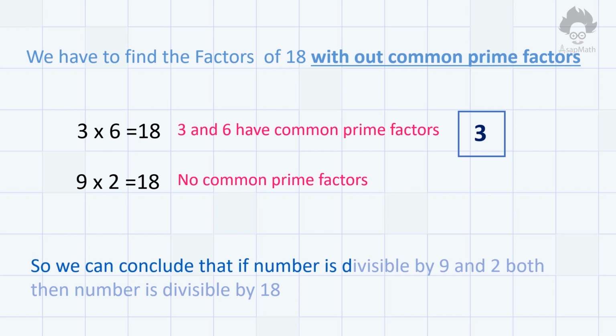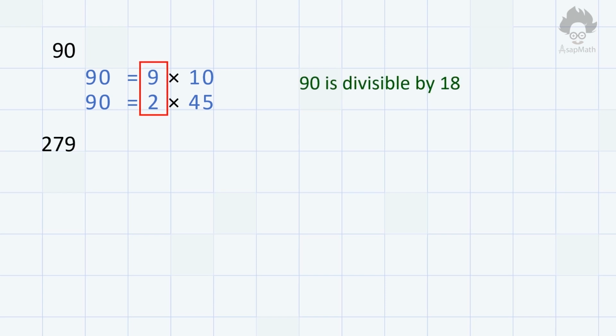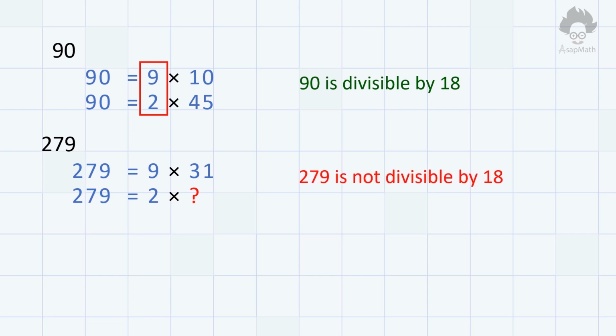If a number is divisible by 9 and 2 both, then the number is divisible by 18. Ninety is divisible by 9 and it is also divisible by 2. So it is divisible by 18. This is divisible by 9 and it is not divisible by 2. So 279 is not divisible by 18.